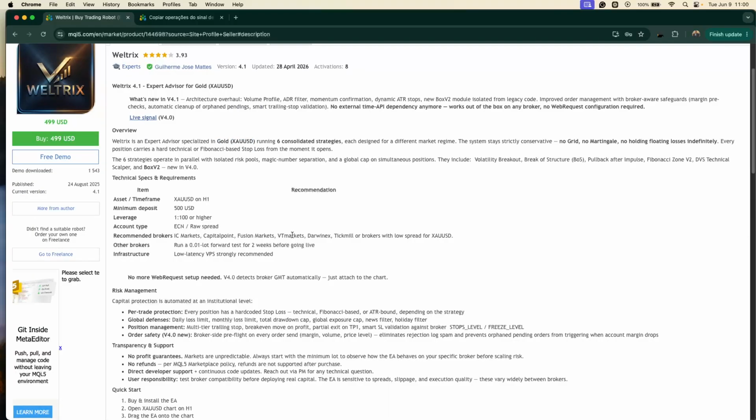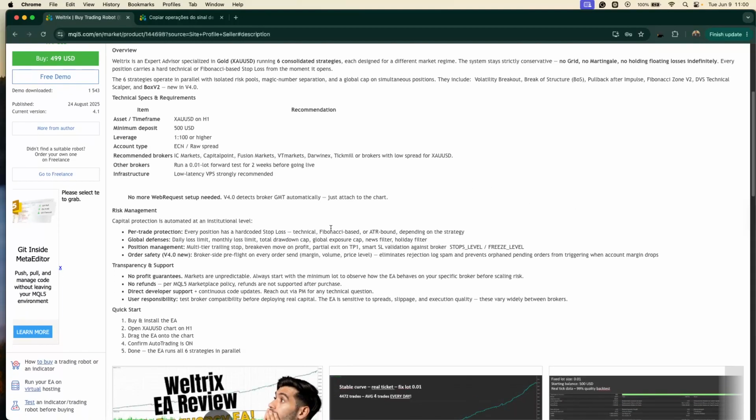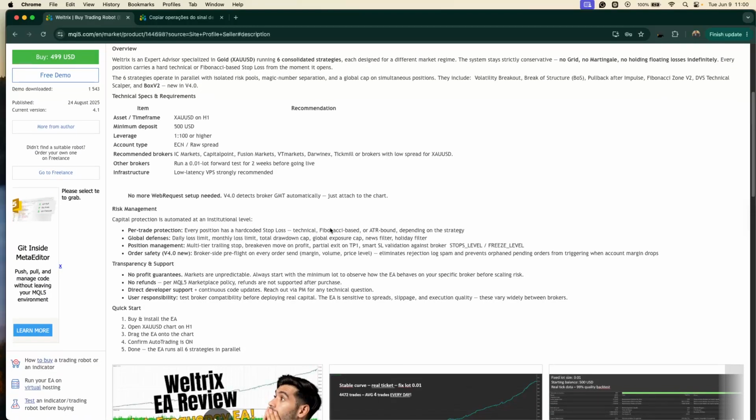Every trade gets a hard technical or Fibonacci-based stop loss right from the entry, and exits include multi-tier trailing stops, break-even moves, and partial closes. Version 4.1 added volume profile.